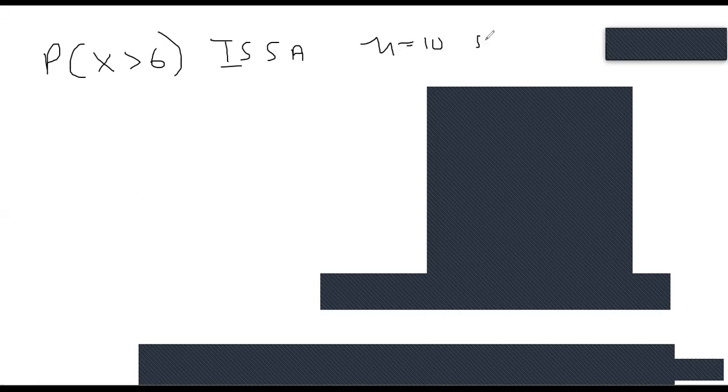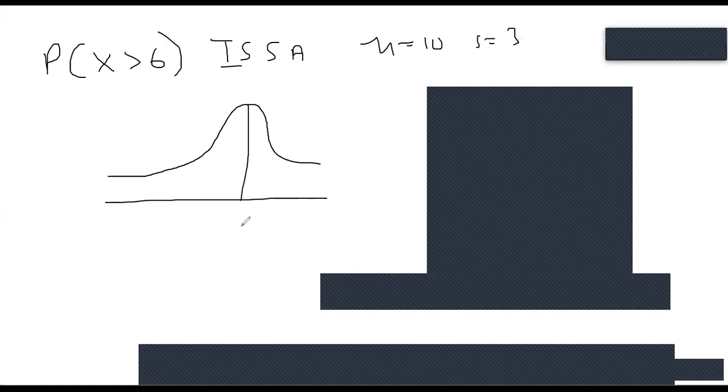Suppose you're asked to find the probability that X is greater than 6. Let's use ISA to illustrate this: illustrate, shade, standardize, and apply. So our mean is 10, our standard deviation is 3. Who wants to try to lead us? Illustrate.